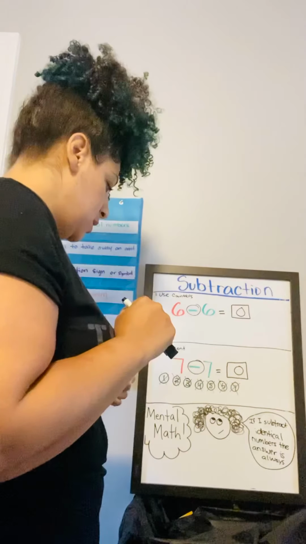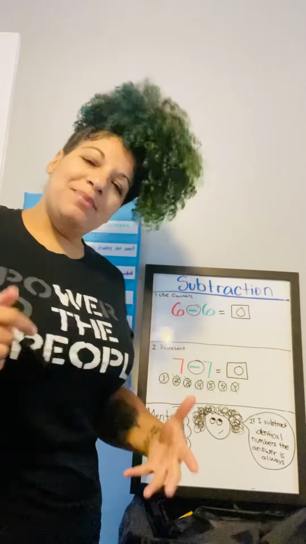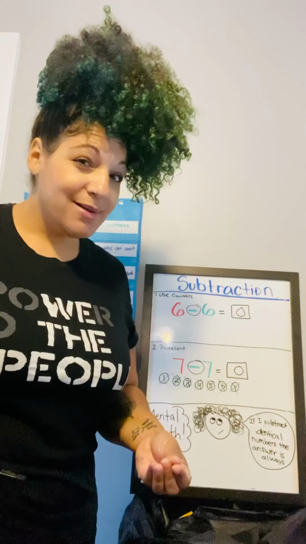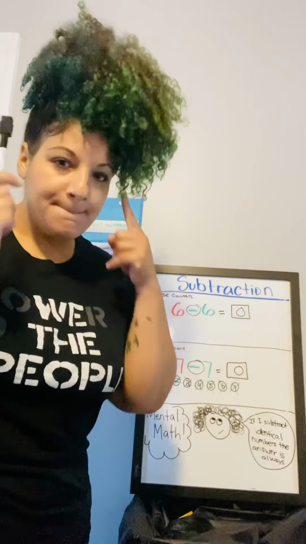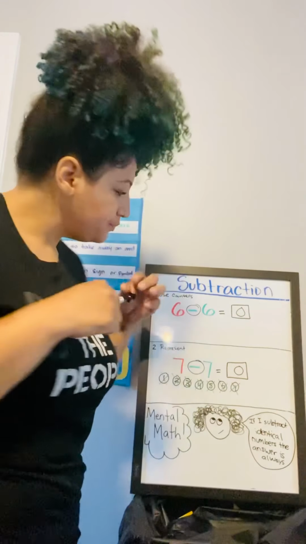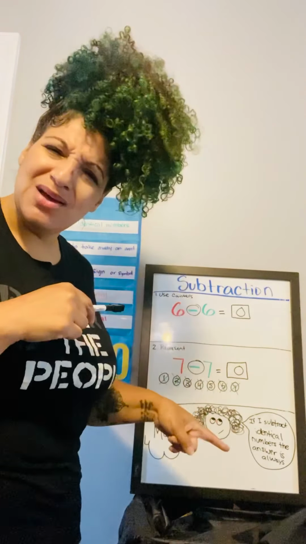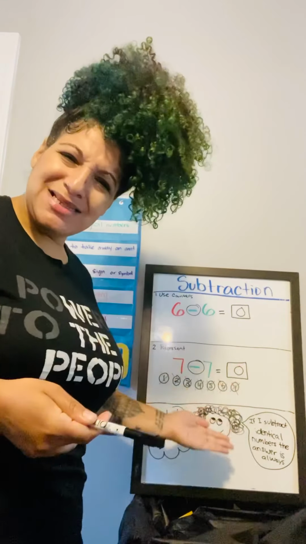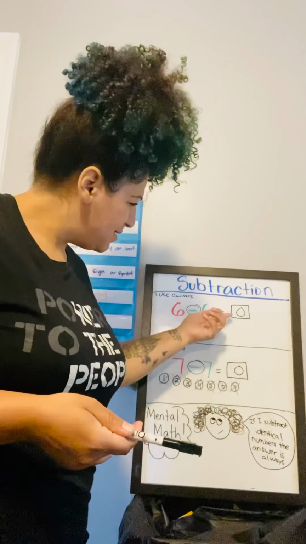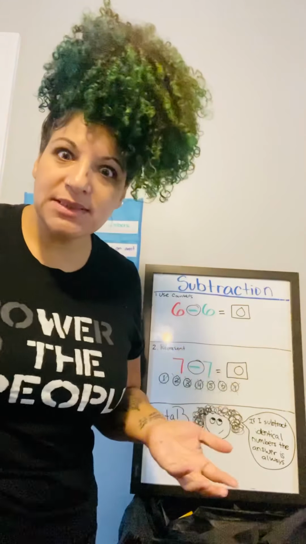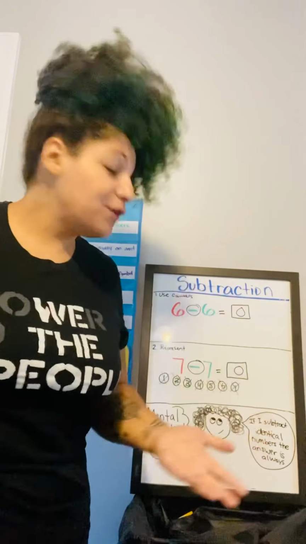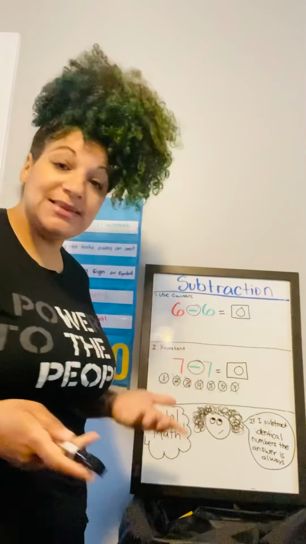Let's see. Our last step now, once we've realized this pattern, is that I can use mental math. What do you notice when you take away identical numbers? What is the difference? The difference is always 0.